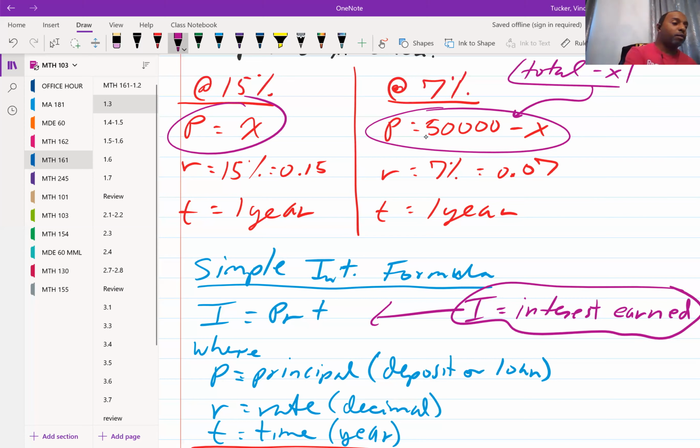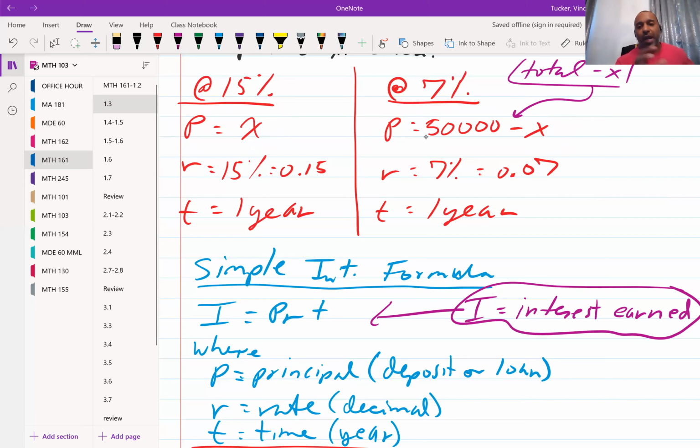So whenever you have a problem and they don't give you a hint as to how much you would split it up into, like they don't say half or they don't say 3/4 is in here, you can always call one of them X, and then the other one would be the total minus X. So once I solve for X, I can plug in that value here and then get the rest of it. So that's how that will always work for you if you don't have a hint on how much should go into which one.